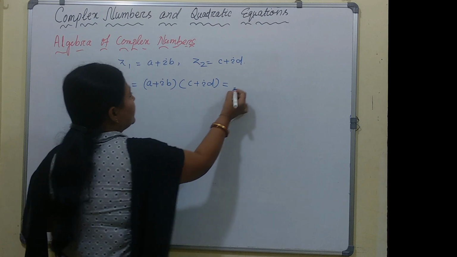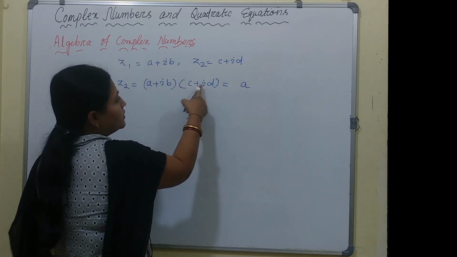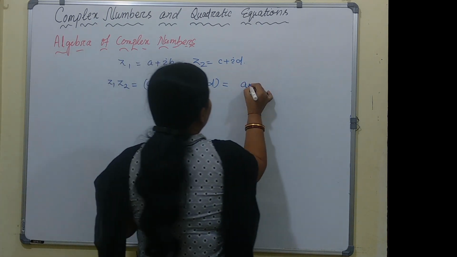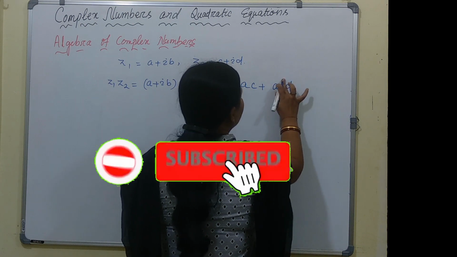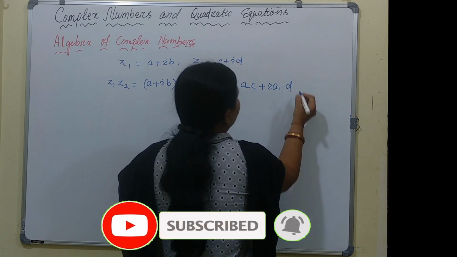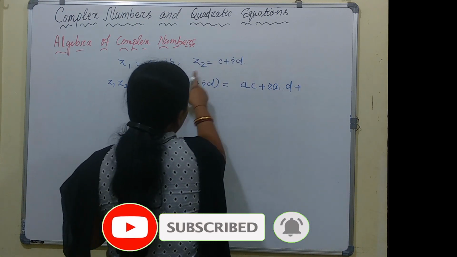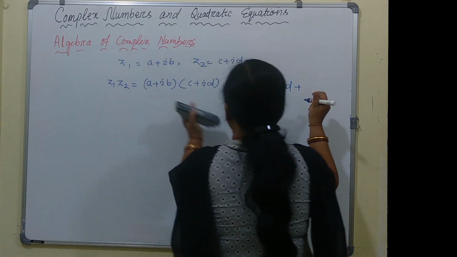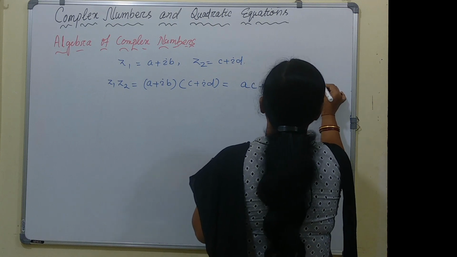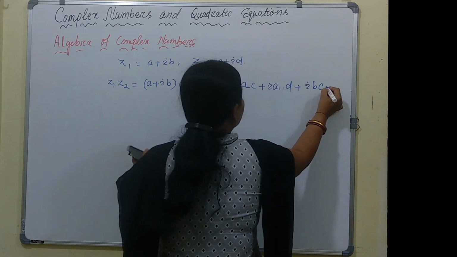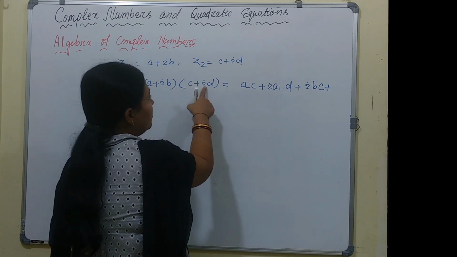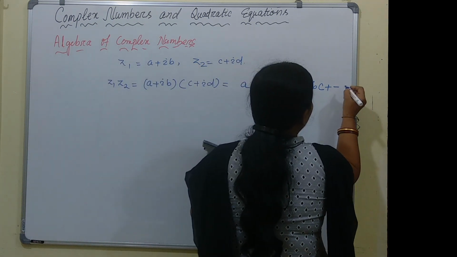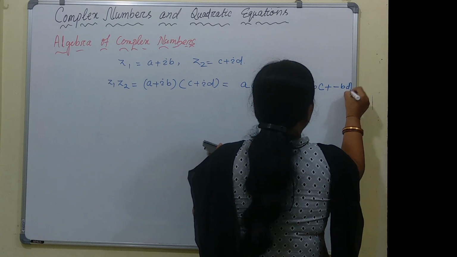Here a is multiplied with c plus id, that is ac plus aid, plus ib is multiplied with c plus id, so we get ibc plus i squared bd, and i squared is equal to minus 1, so minus bd.